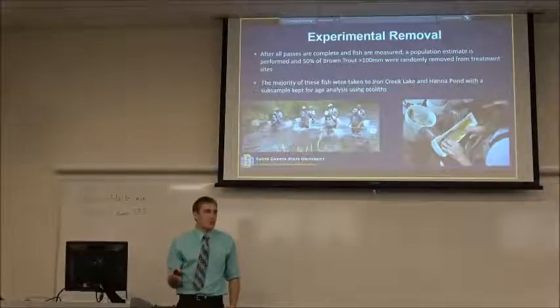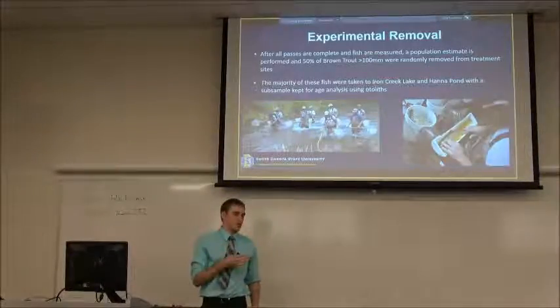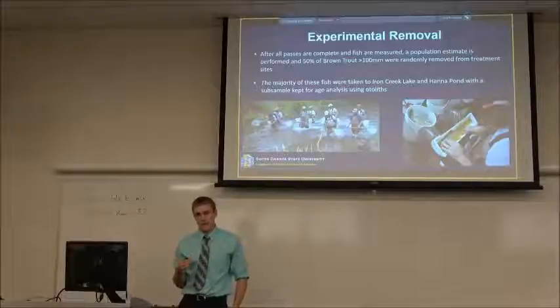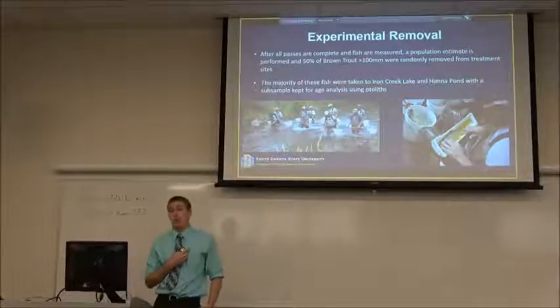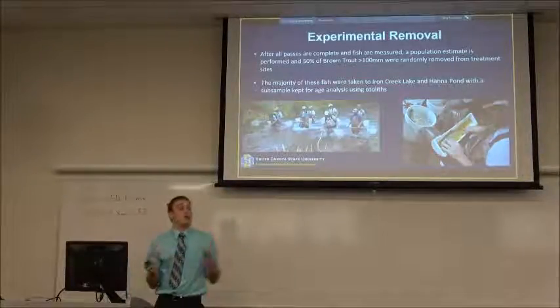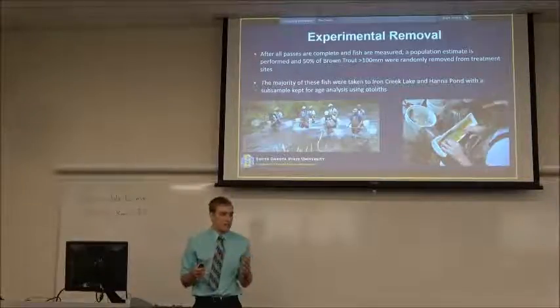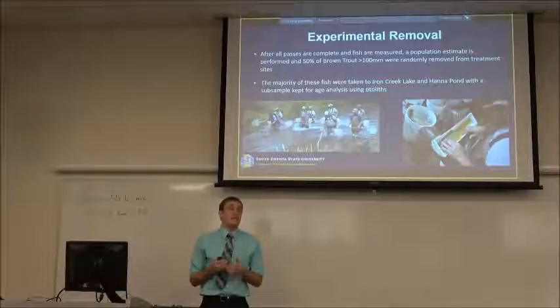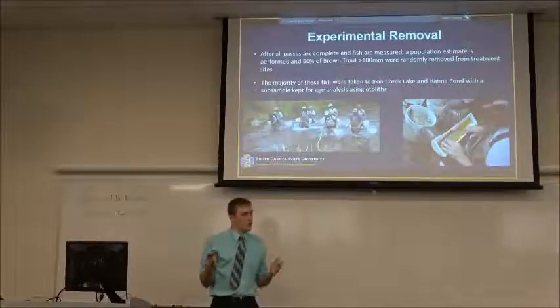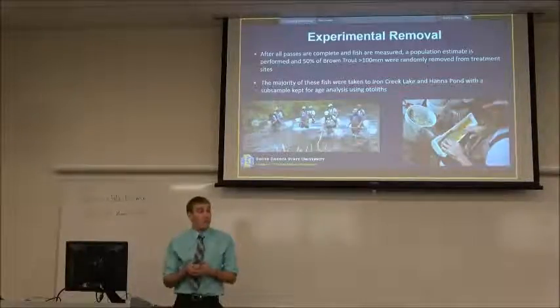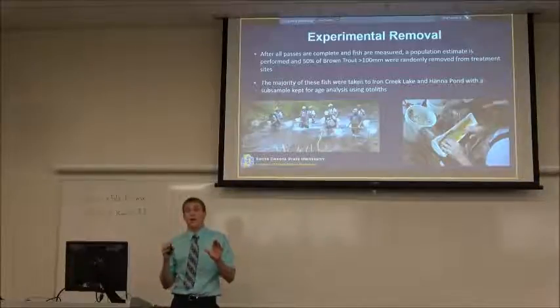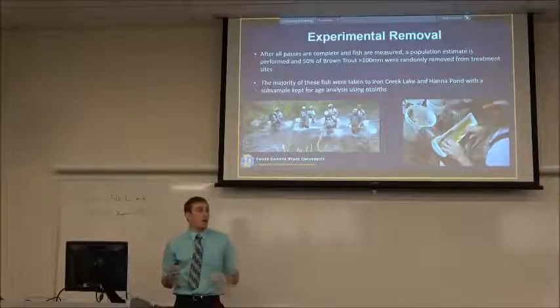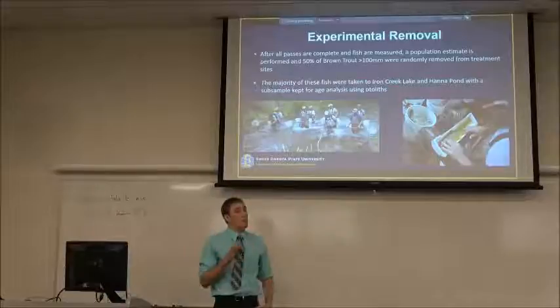Now, in an experimental group, we would finish those 3-pass electrofishing surveys and working fish, and then I myself would do a population estimate using the 3-pass depletion. In the estimate is fish over 100 millimeters, and we would take 50% of those fish over 100 millimeters via hatchery truck to either Iron Creek Lake or Hannah Pond.